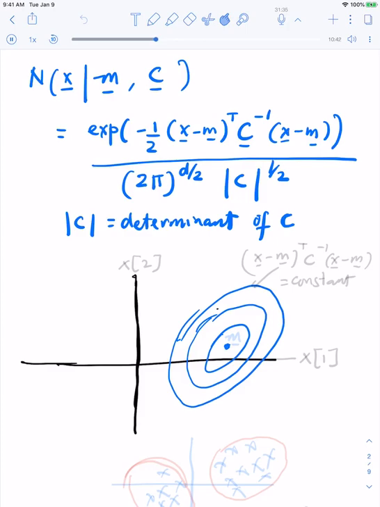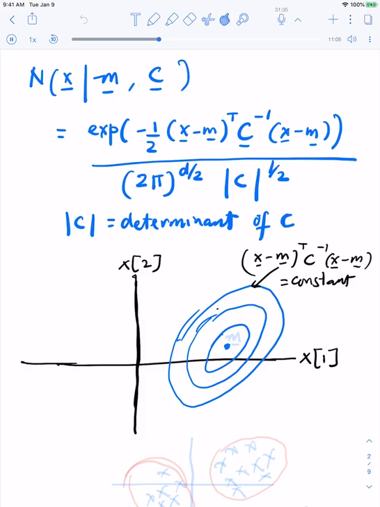So the contours of a Gaussian random vector are elliptical, because if you look at the Gaussian density out here, the density will be constant if x minus m transpose C inverse x minus m is a constant. That is basically the equation of an ellipse, right?